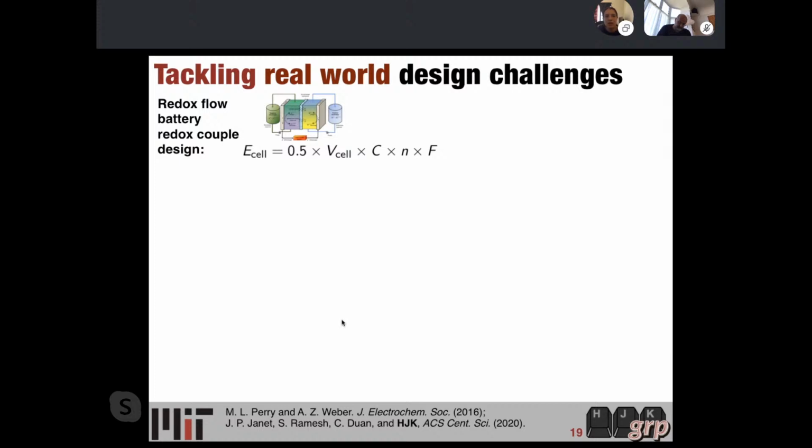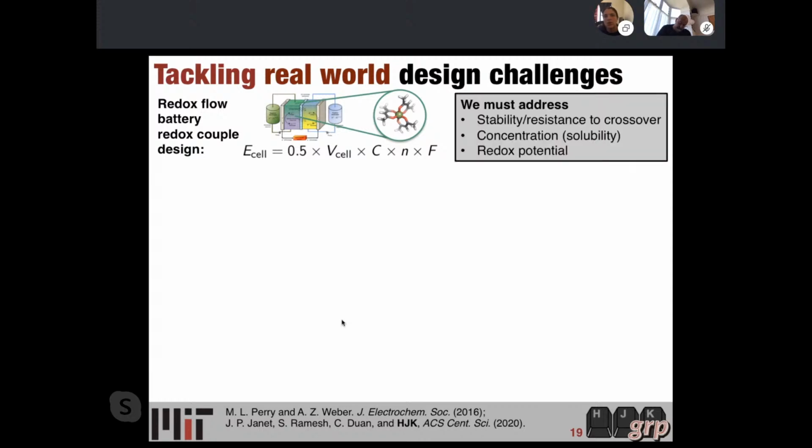The challenge of designing a redox couple for redox flow batteries is that we want to maximize the concentration in the cell as well as the redox potential. Typical examples of these are transition metal complexes, and we also want to make sure these are stable complexes and that they are resistant to crossing over from the anode to the cathode.